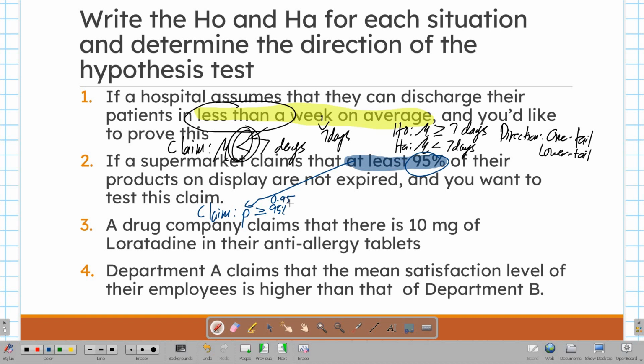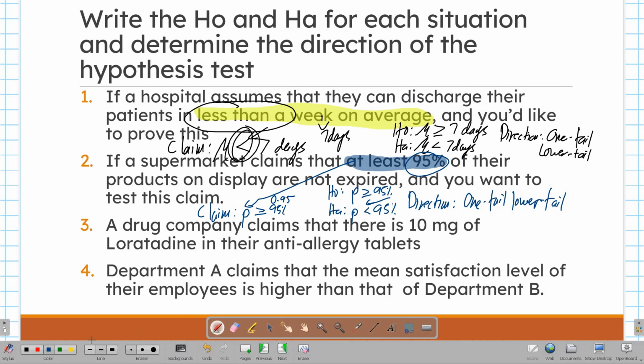Since it involves equality, in number 2 the claim is H0, that the proportion is greater than or equal to 95%. Making the HA, the proportion is less than 95%. And since the symbol of HA is less than, the direction would be one tail, lower tail.